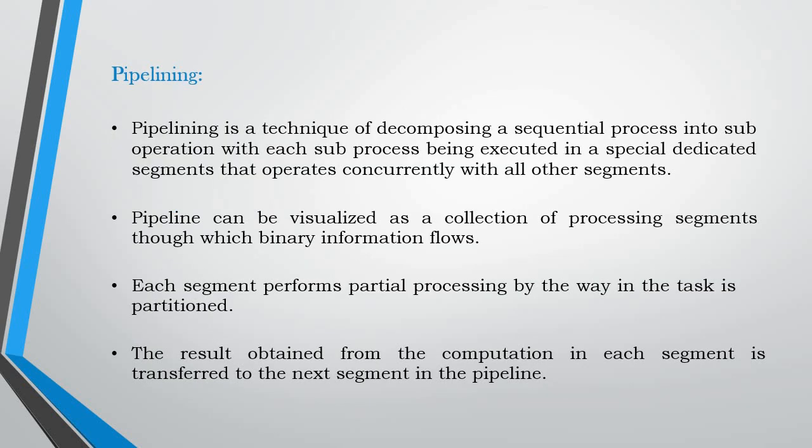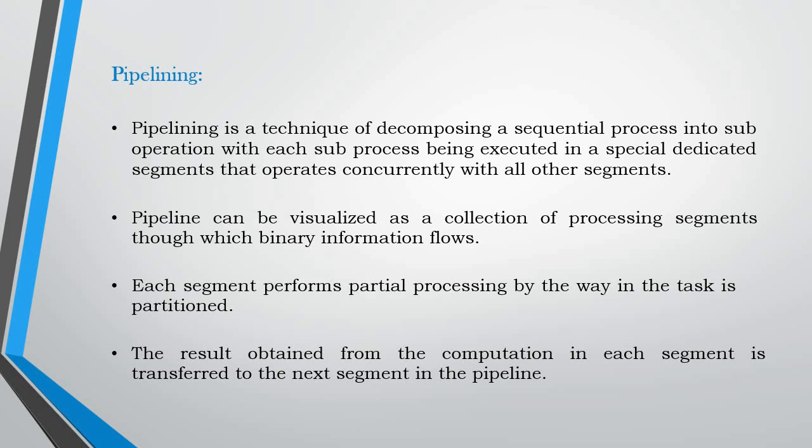First, pipelining. Pipelining is a technique of decomposing a sequential process into suboperations, with each subprocess being executed in a special dedicated segment that operates concurrently with all other segments. The pipeline can be visualized as a collection of processing segments through which binary information flows.